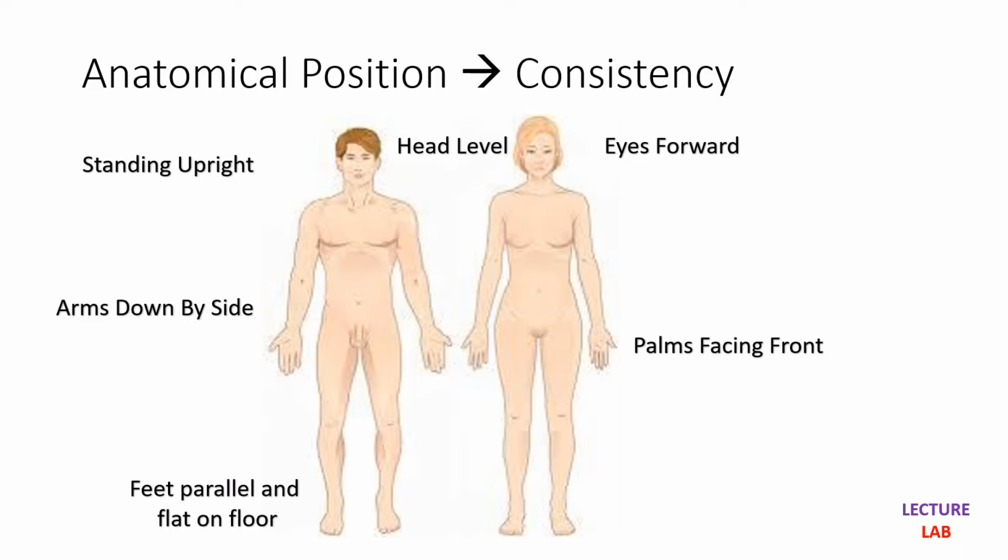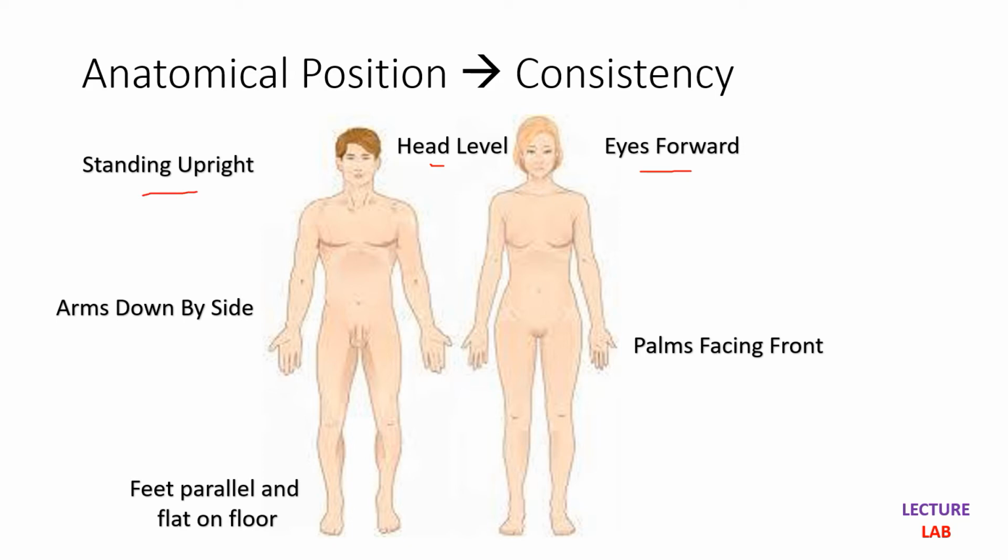All right, anatomical position or anatomic position. We use this for consistency. All of the directional terms that we'll be using, we will use in reference to the anatomical position. So eyes are forward, head is level, you're standing upright, you're not lying down.